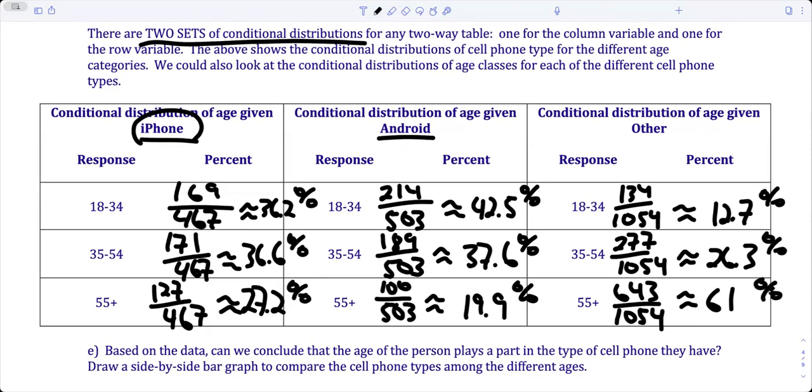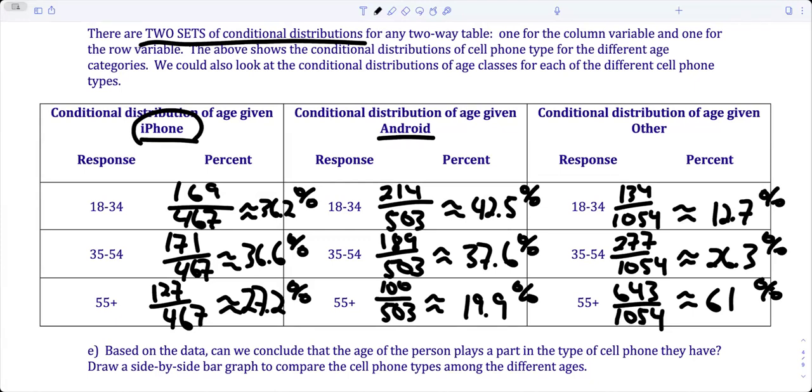Okay, so check your numbers with mine and make sure that they match up. So again, the difference: conditional distribution, there are two, because there are two categorical variables, one for the row, one for the column.